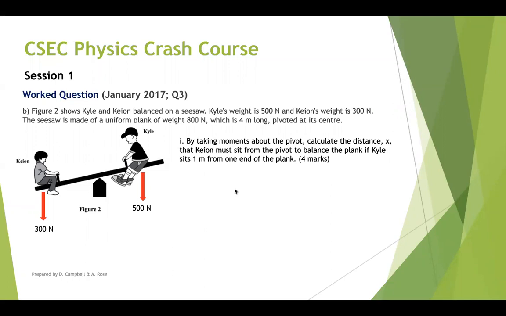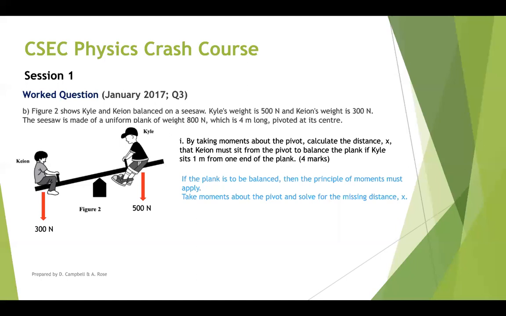So we should remember that based on the principle of moments, in order for the plank to be balanced, the sum of the anti-clockwise moments must be equal to the sum of the clockwise moments. So what we need to do is just apply the principle of moments, and then we would solve for the missing distance, which is x.